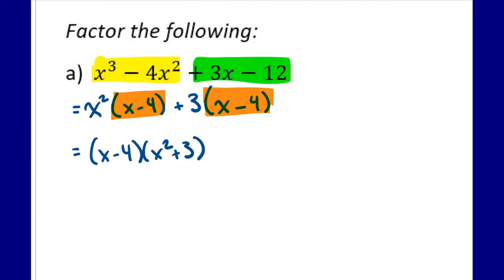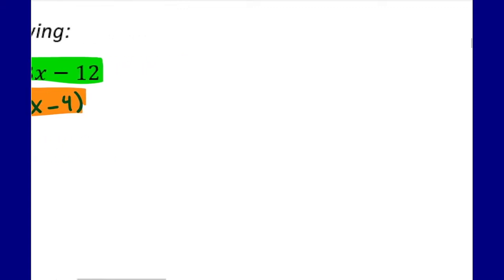So I've factored it completely now. There's nothing else I can factor. It's a final product. So that's how factoring by grouping goes. We separate it into 2 parts, factor each part separately, and generally then we can factor out a bracket after that.